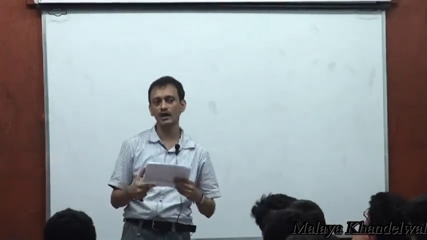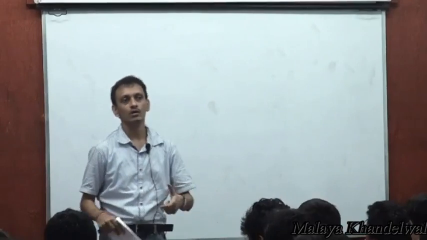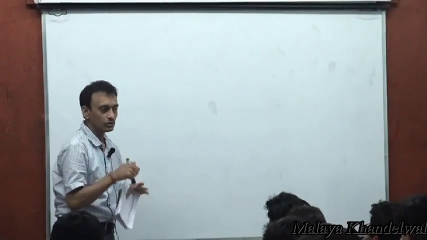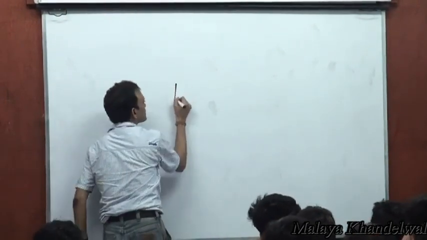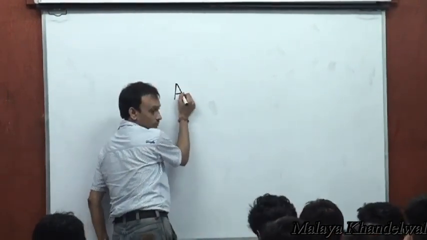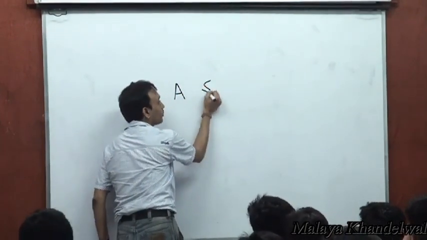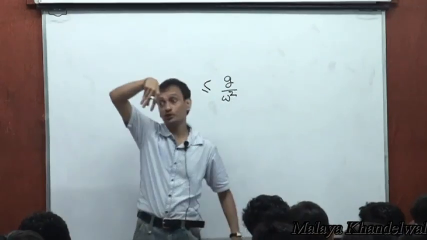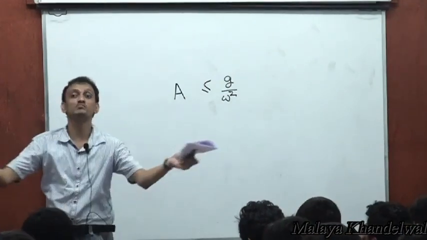Now, remember I had a discussion dedicated to this vertical oscillation, and I told you that the maximum displacement A would always be less than or equal to g by omega squared for the block to not separate from its mother platform.